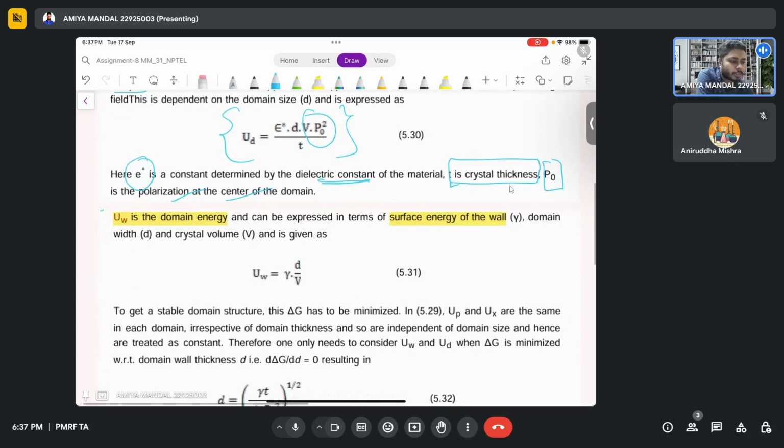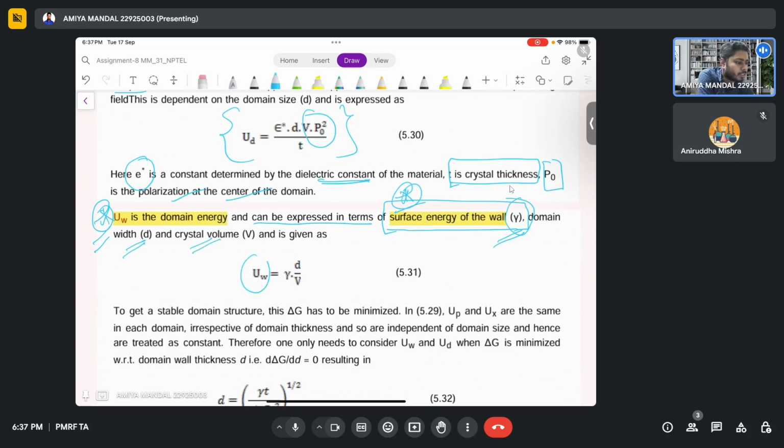And domain energy, termed UW, can be expressed in terms of the surface energy of the wall. That is a very important term. The surface energy during the formation of the domain wall is termed gamma, along with domain width, domain wall energy and crystal volume.